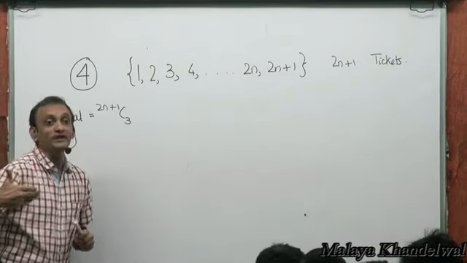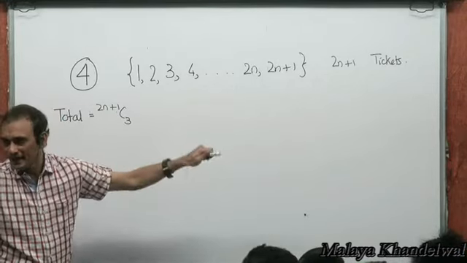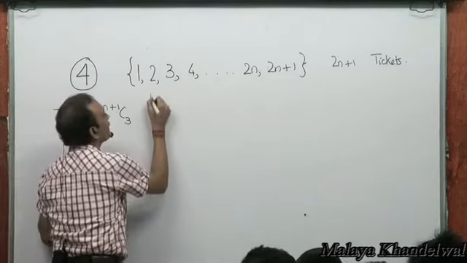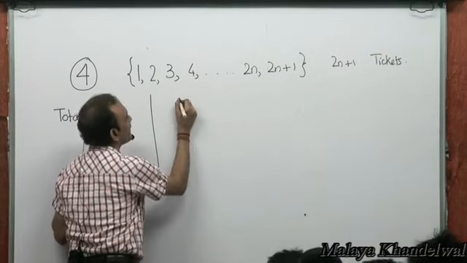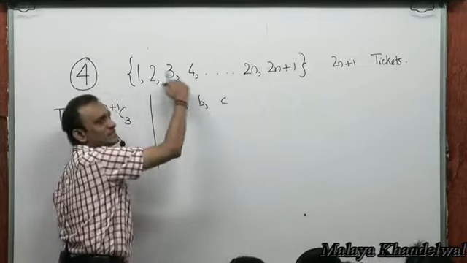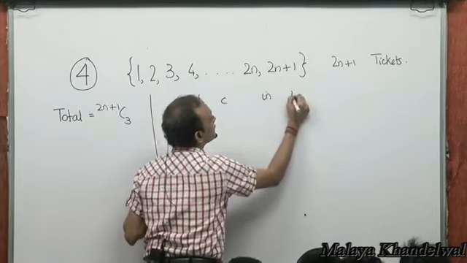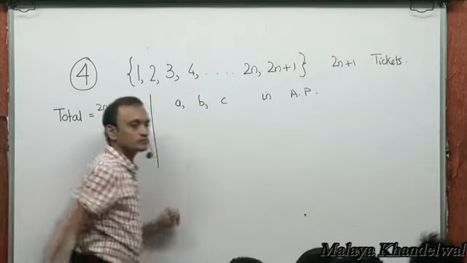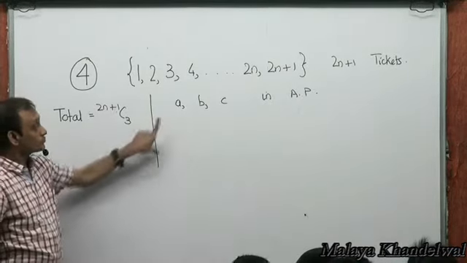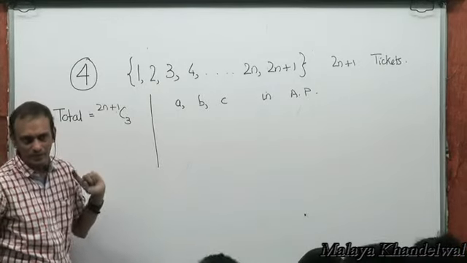We want to find in how many ways I can select 3 numbers A, B and C from this set such that A, B, C are in AP. This would be the favorable ways divided by 2n plus 1 C3, the required probability.